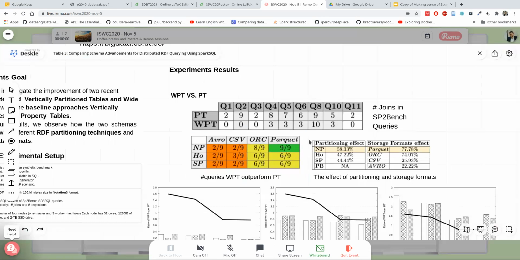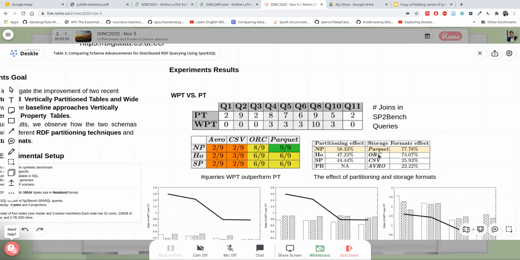Thus, we can see from the second table that the number of queries in which WPT is better than PT reduced when moving to other partitioning techniques and storage formats. Actually, the third table also shows in percentages the effect of data partitioning on the left and the storage formats on the right.